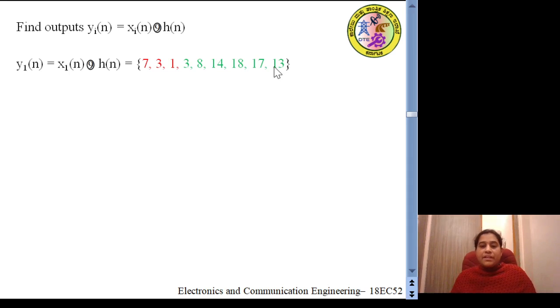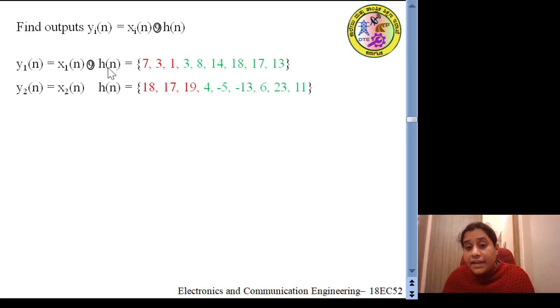How exactly we have done this 9-point circular convolution is, we have taken 9 samples of x1 of n and generated a square matrix that is multiplied with the column matrix h of n to obtain the circularly convolved output, which is nothing but the linear filtered output, also equal to the linear convolution.